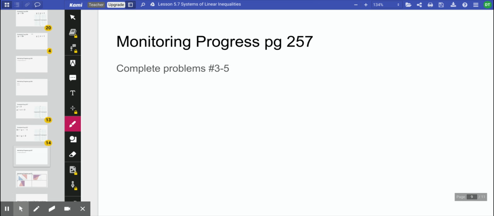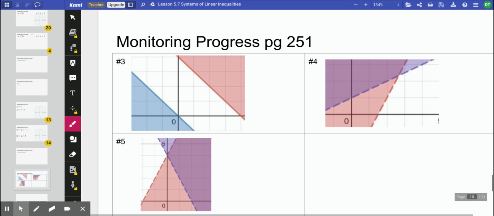All right, I hope you actually took the time to stop the video and do the problems yourself. I graphed these on Desmos, and you'll notice that number 3 is one of the ones that we would say has no solution.